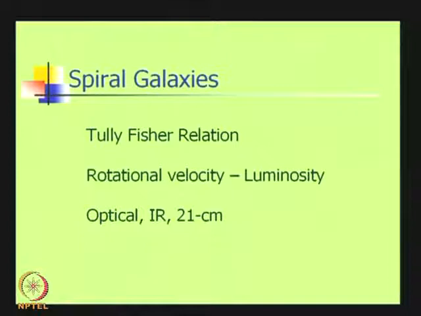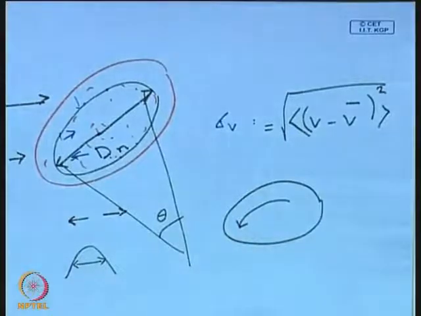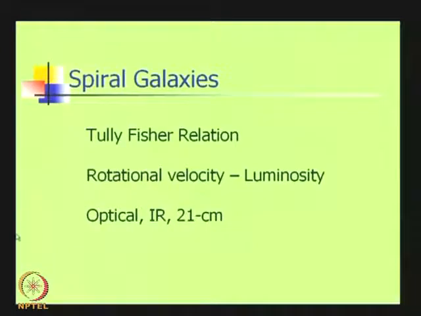So, they allow us to determine either the luminosity or the diameter of the galaxy from measured quantities. For spiral galaxies, we have also learned that there is another type of galaxy called a spiral galaxy. In a spiral galaxy, we have a disk, and the disk is rotating. For a spiral galaxy, it is found that again the rotational velocity is related to the luminosity, and this is called the Tully-Fisher relation.